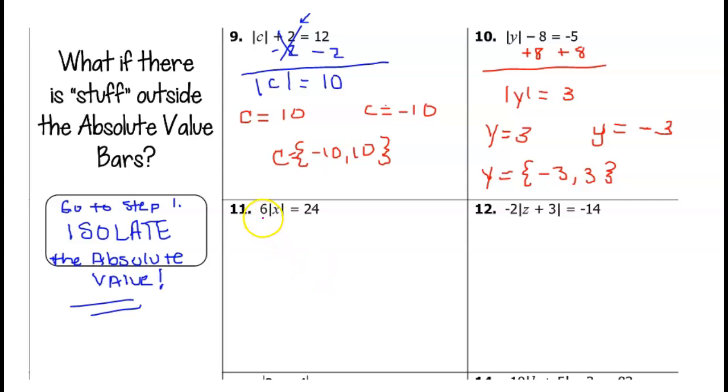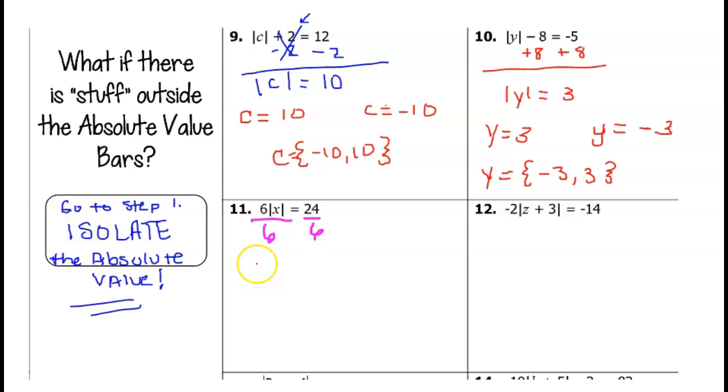Should we, if we're dividing, should we subtract? How do we, if we're multiplying, should we subtract? How do we undo multiplication, guys? Inverse operations. We'll use the same inverse operations. What's the opposite or the inverse of multiplication? Division, yeah. So to get this 6 away, because it's being multiplied by the absolute value, I'm going to divide both sides by 6.